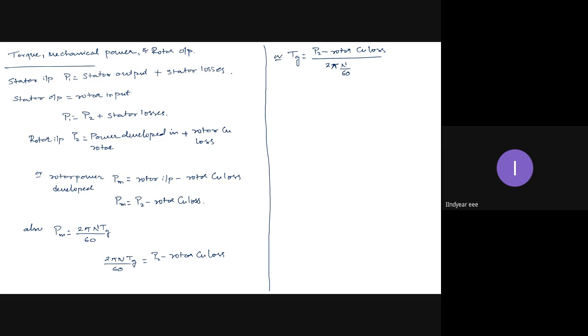Now, if there were no rotor copper loss, then Tg is equal to P2 divided by 2 pi n by 60.